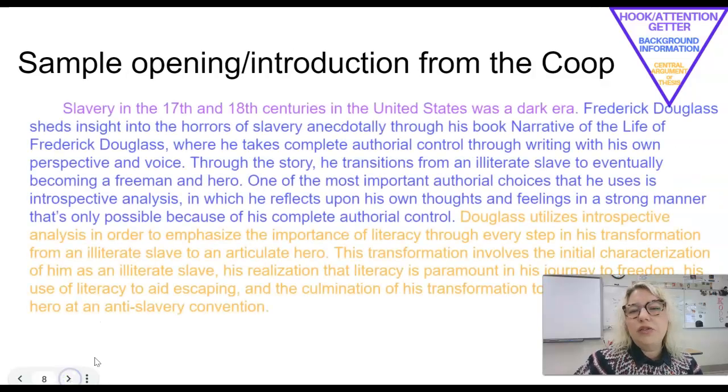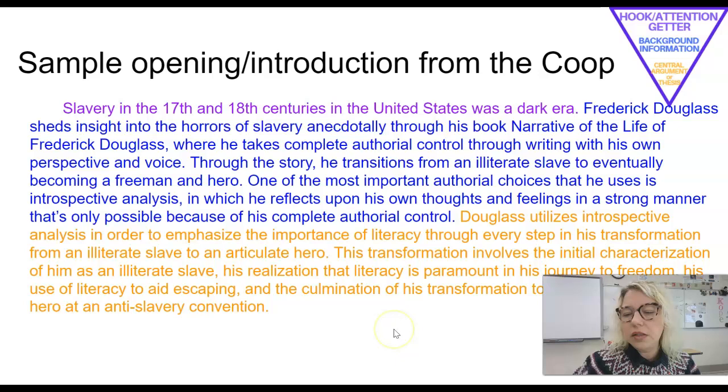Here's a sample opening introduction from the Coop. This is a student who wrote about Frederick Douglass, and they have a great hook attention getter with slavery in the 17th and 18th centuries in the United States was a dark era.